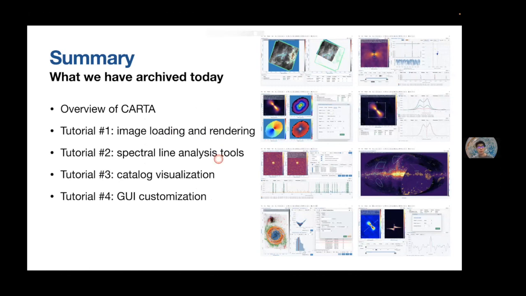You should be able to use spectral analysis tools like the PV generator, moment generator, spectral line ID, multi-line plot, Gaussian fitting, profile fitting, profile smoothing, etc. And you should also know how to customize your graphical user interface, like the screenshot on the right-hand side.